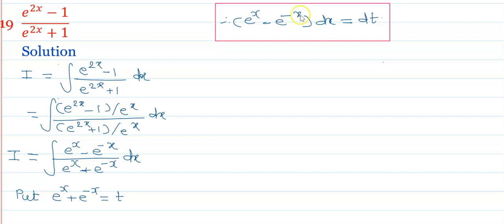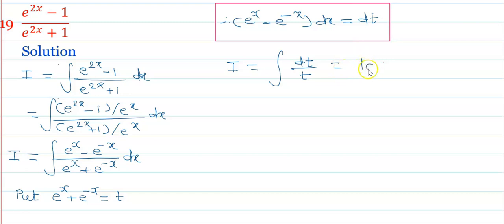Next, our integral changes. I is equal to, see here, e raised to x minus e raised to minus x changes to dt, and e raised to x plus e raised to minus x is t in the denominator.